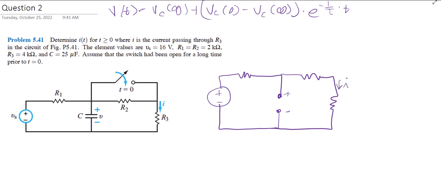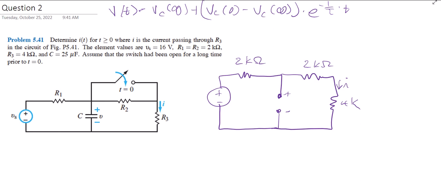Current is the current going through resistor 3 over here. Resistor 3 is 4 kilo ohms, resistor 2 is 2 kilo ohms, and resistor 1 is 2 kilo ohms.